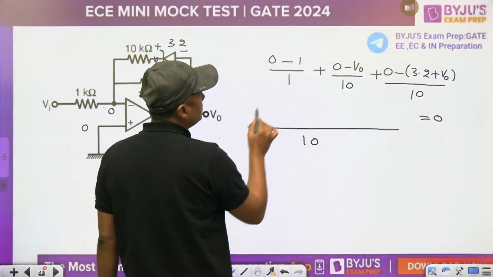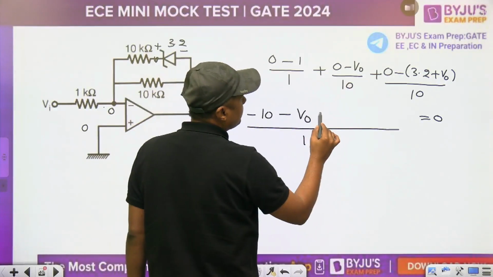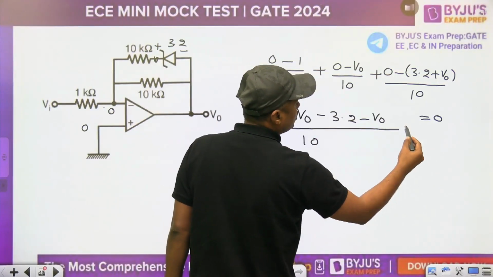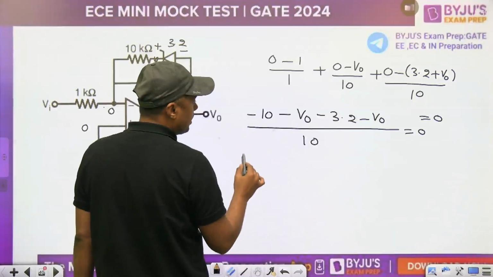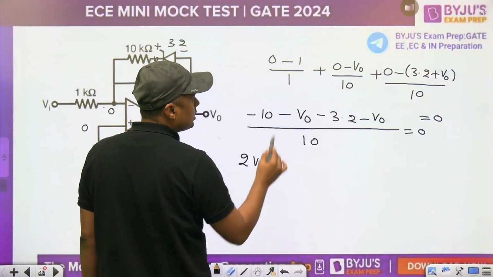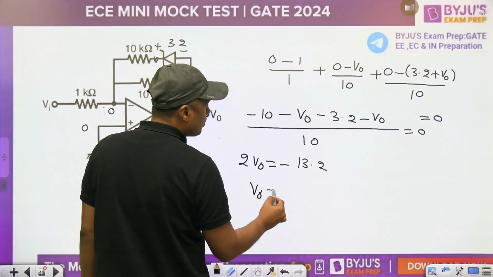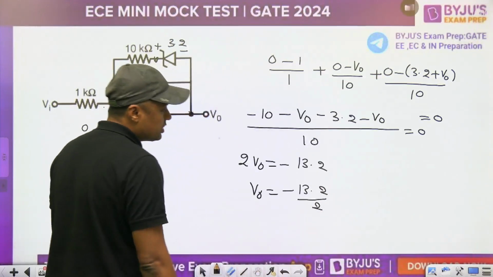It will become minus 10 minus 3.2 minus V0 is equal to 0. Then this 10 will become 0. This will become 2 V0 is equal to minus 13.2. So V0 is equal to minus 13.2 divided by 2. Now you can find the value, minus 6.6.